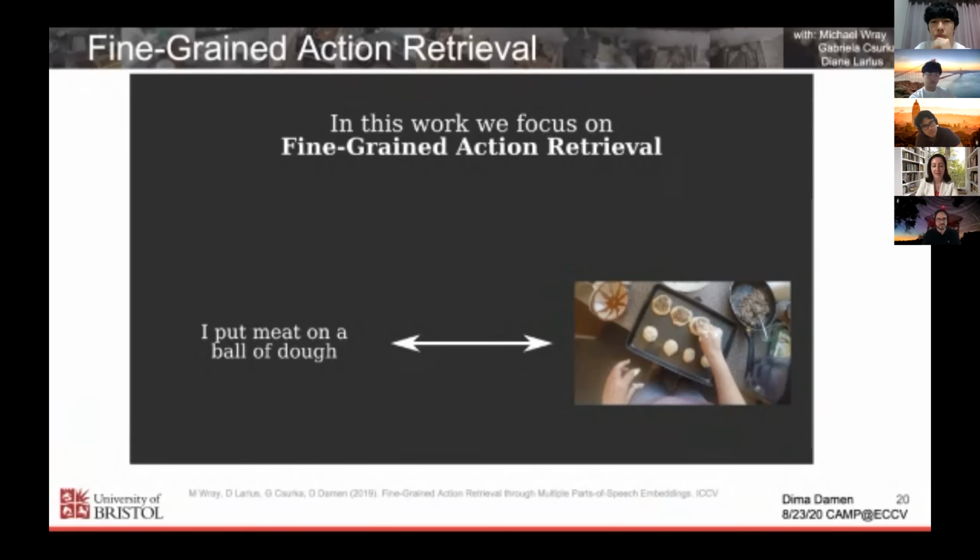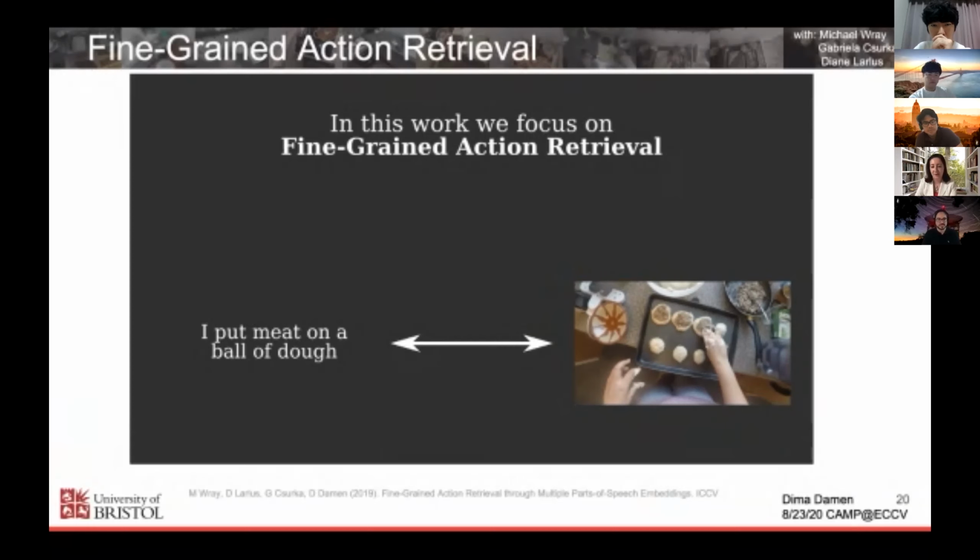What we've done here is we've taken the caption and the video, and we're trying to do multimodal, or cross-modal, retrieval, i.e. you can go from the text and retrieve the video that's relevant from a video gallery, or you can start with a video and retrieve the relevant caption from a gallery of captions.